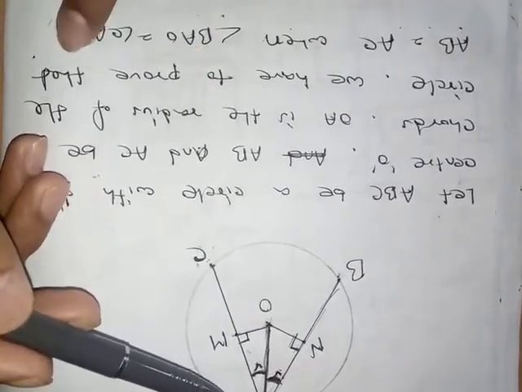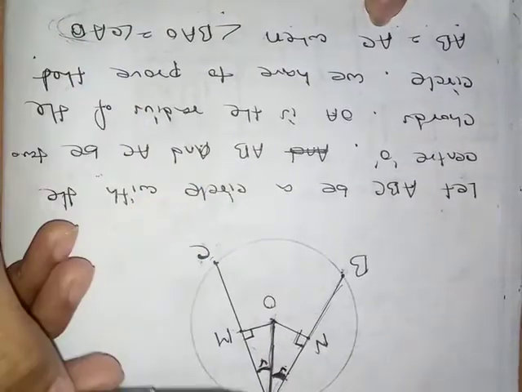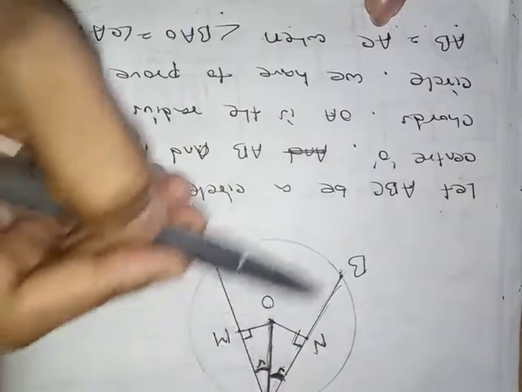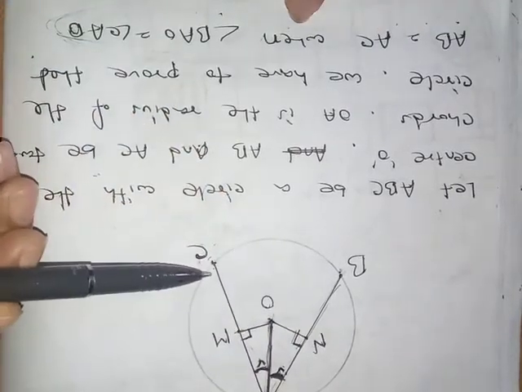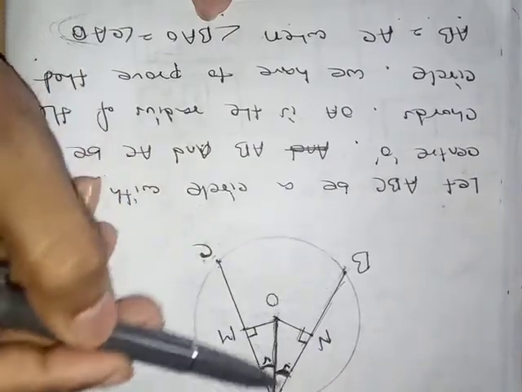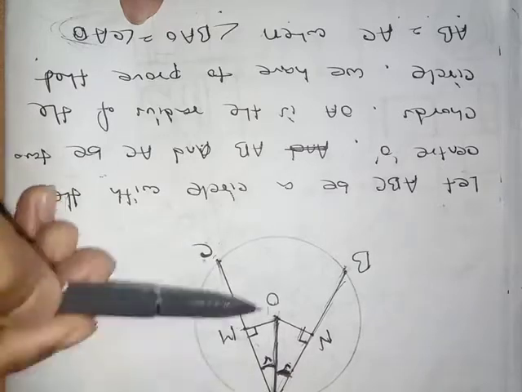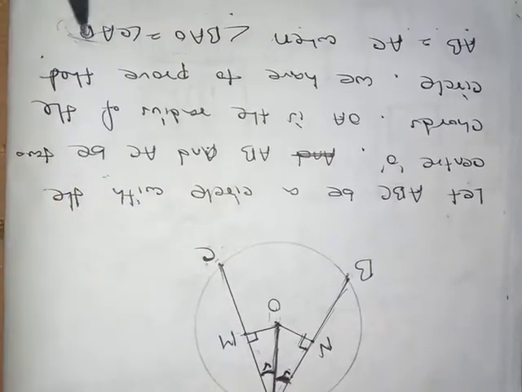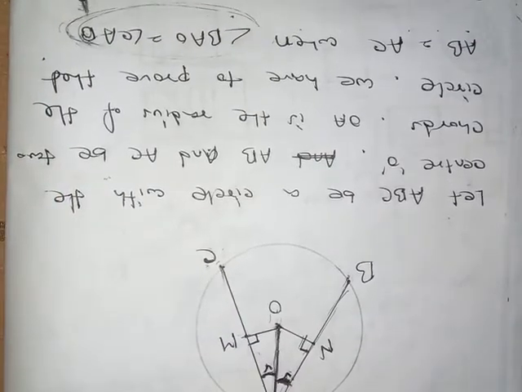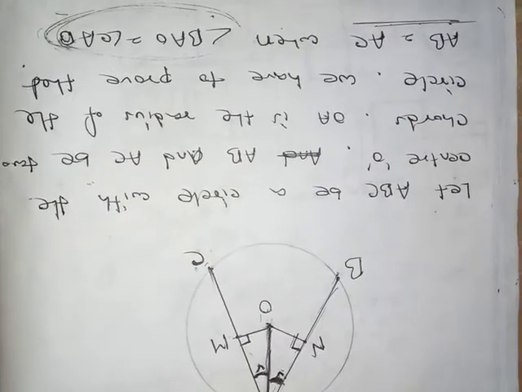We have to prove that chord AB is equal to chord AC, given that angle BAO is equal to angle CAO. This one is given by the statement. Following this, we have to prove that AB is equal to AC.